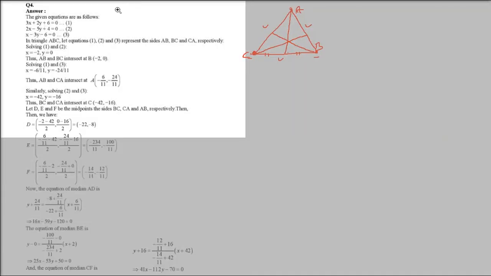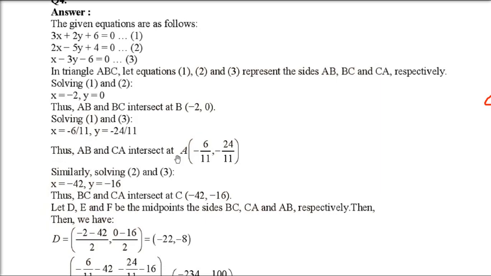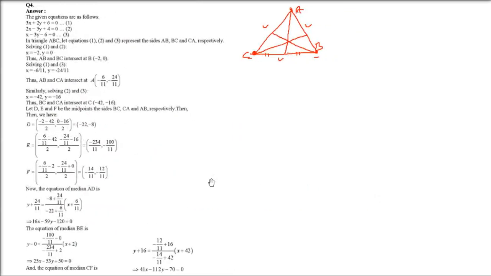So what we have to do is we take two sides. Two sides' intersection, one point will come as minus 2, 0. The other point will come as minus 6 by 11 and minus 24 by 11. The third point will come as minus 42 and minus 16.